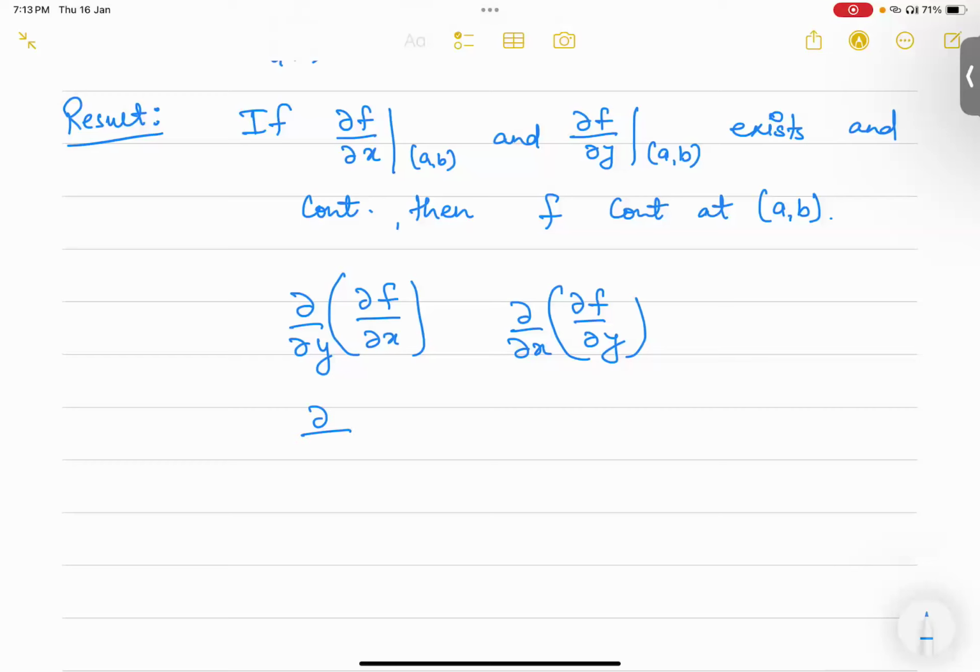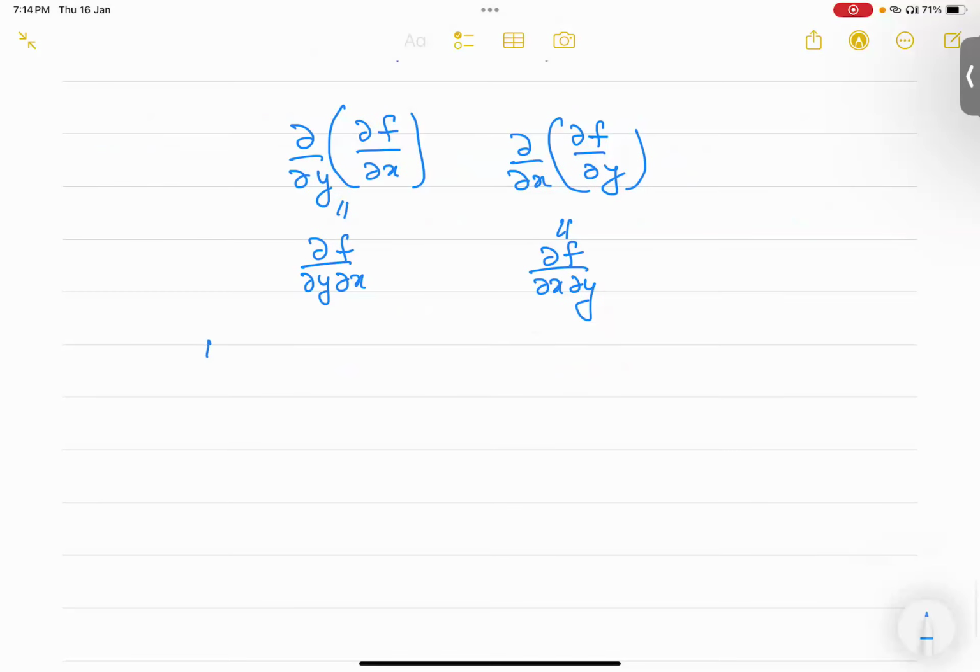This is del upon del y del x of f, and this is del upon del x del y of f. Right. So note here that in general del f upon del y del x not equals to del f upon del x del y. In general, it's not true.